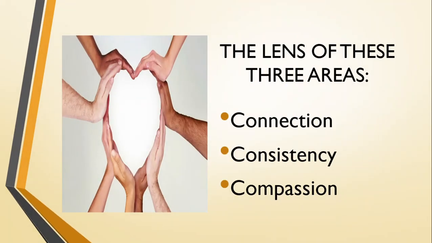As you consider some of your most challenging students or classes, think about your approach to these three areas. So let's tackle the first one. We have connection. It's definitely important to have a good relationship and connection with your student. Next, consistency.